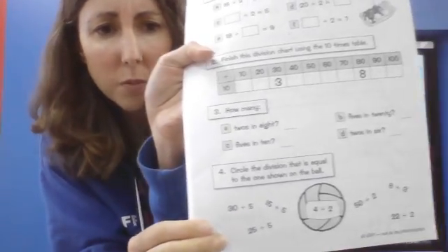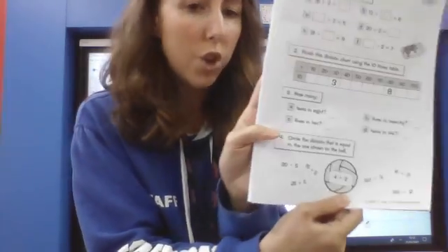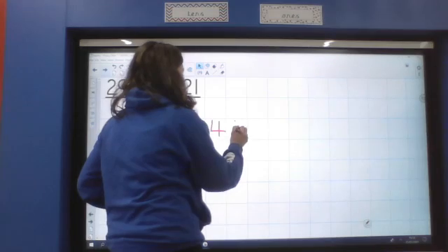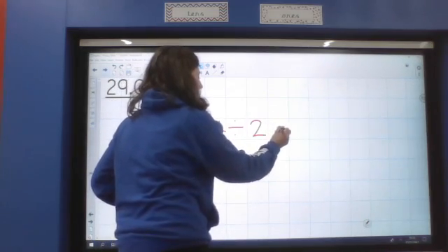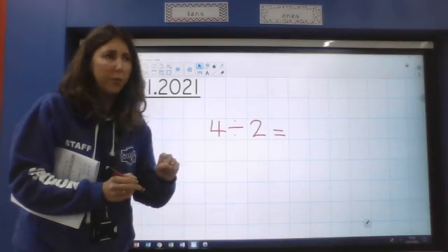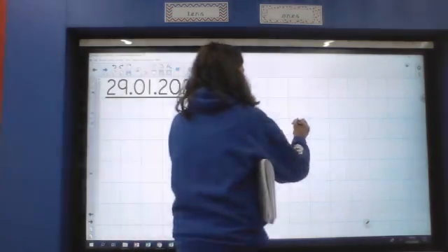Question 4 then, just the last one before we go, says circle the division that is equal to the one shown on the ball. On the ball, it is 4 divided by 2. Okay? So 4 divided by 2. Let's work that out together. Counting 2s and stop when we get to 4: 2, 4. It's 2, isn't it?